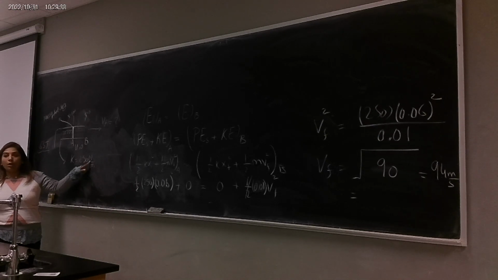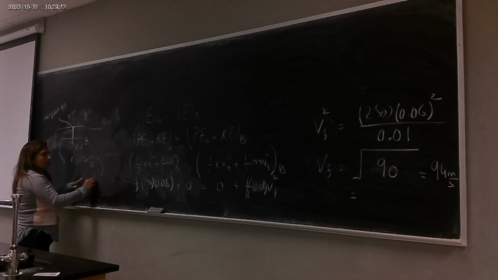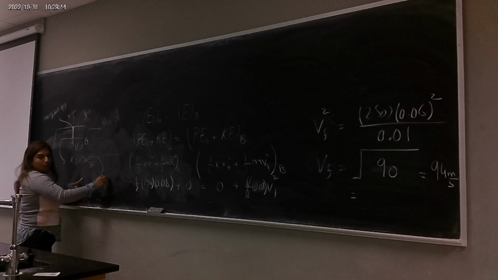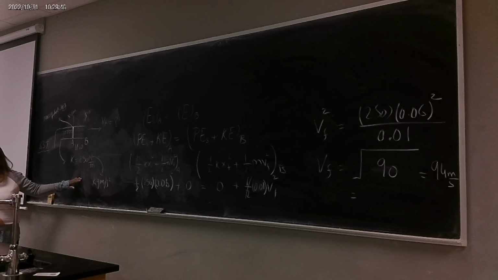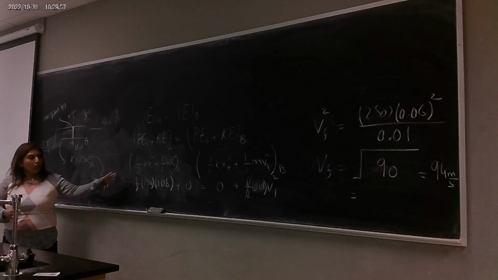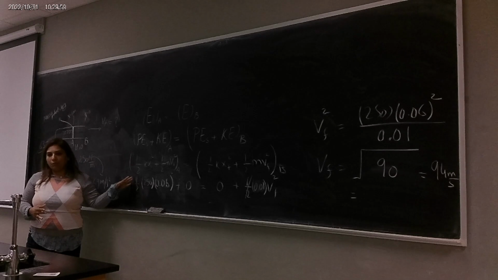Because Newton also involves, if you remember, Newton is kilogram times meter per second square, right? So everything has to be consistent with the constant that you are using in the equation. You cannot multiply or divide or put them together in one equation to solve in order to get the right value.